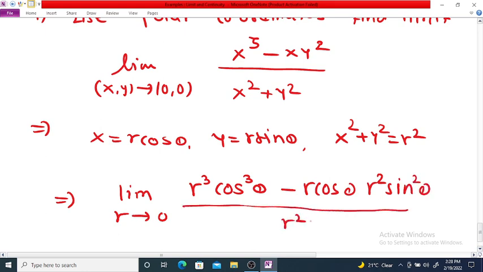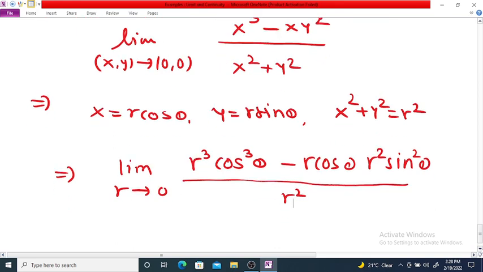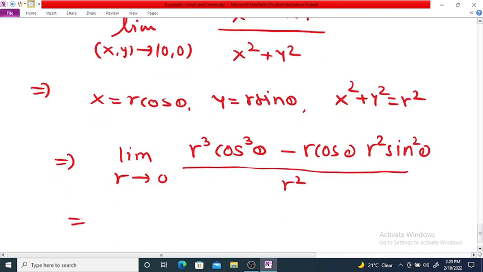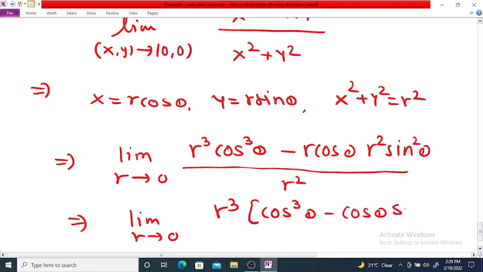From the numerator, if we take r cube outside, what is left inside the bracket? Limit r tends to 0 of r cube times cos cube theta minus cos theta sin square theta, divided by r square.